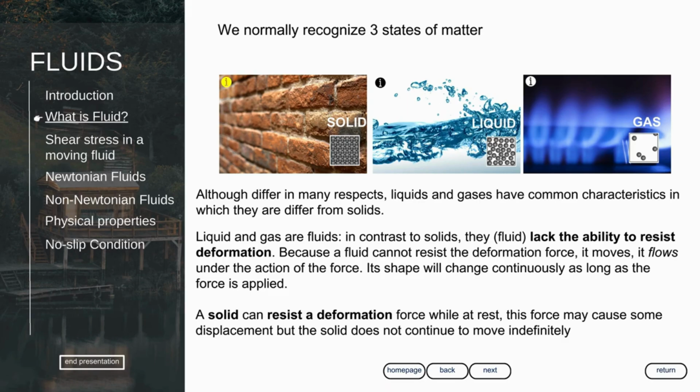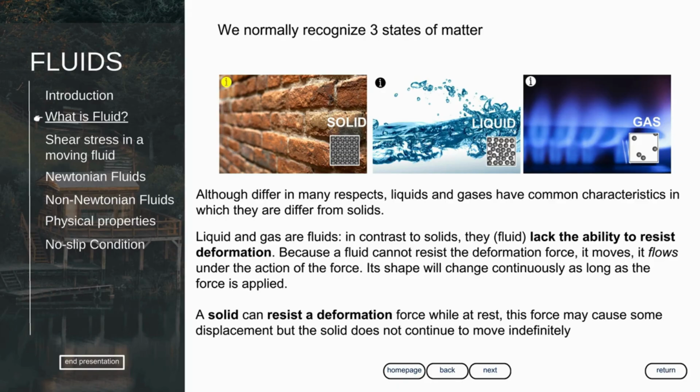Both liquid and gas do not have the ability to resist deformations. Because a fluid cannot resist deformation force, it will move and flow under the action of the force. Its shape will change continuously as long as the force is applied.